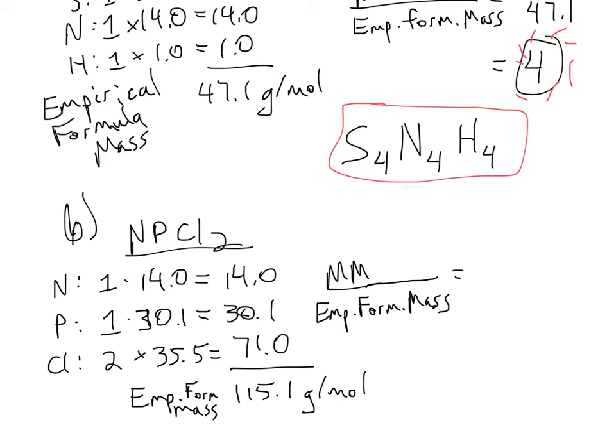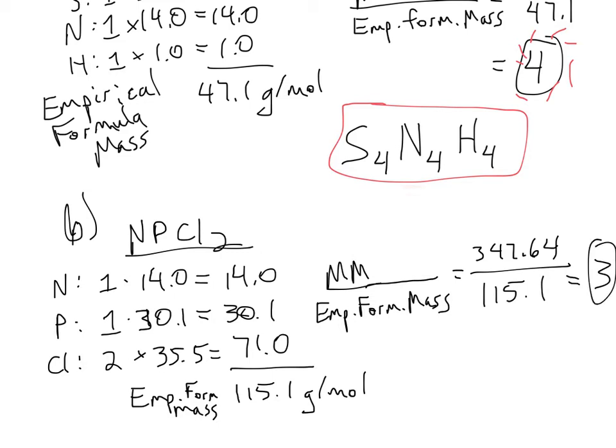And in this problem, in part B, they gave us, up at the top, 347.64 as the molar mass. And we had just determined the empirical formula mass to be 115.1. When you divide those out, you should get a number that's really, really close to a whole number. And in this case, it was 3.